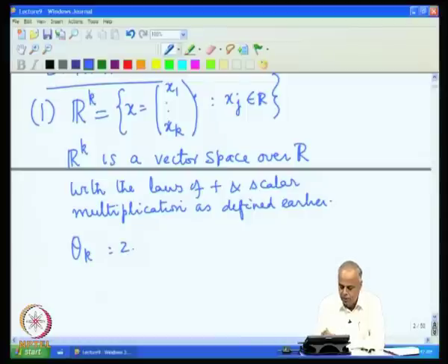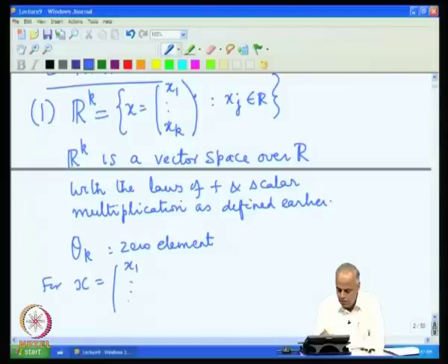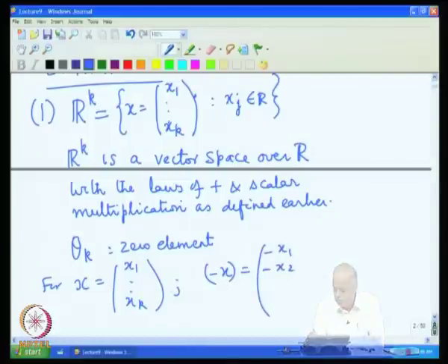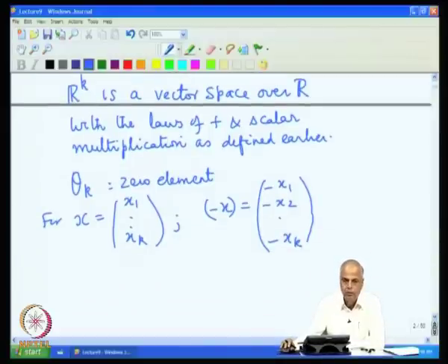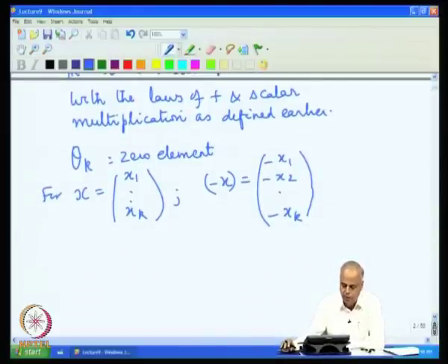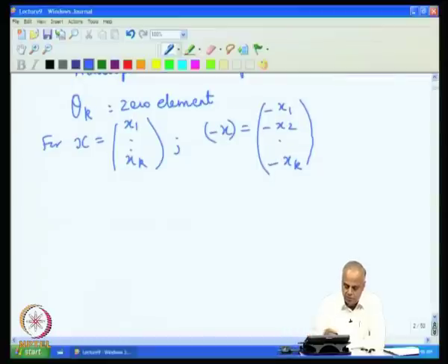The 0 vector or the 0 matrix, and for x equal to x1, x2, xk, the negative is just minus x1, minus x2, etc. This we have seen already. These were the properties of R k which motivated us to give the abstract definition. So, this is the first fundamental example of a vector space.